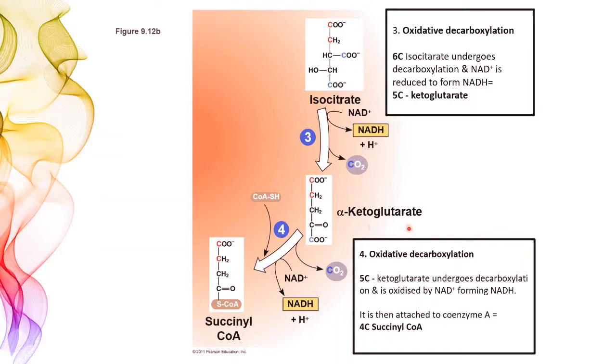This alpha ketoglutarate will also undergo another oxidative decarboxylation, and carbon dioxide is removed, and it is also oxidized by NAD+ to form NADH. Then coenzyme A will come and bind on the structure, forming a 4-carbon succinyl-CoA.